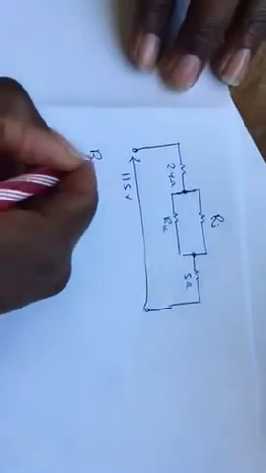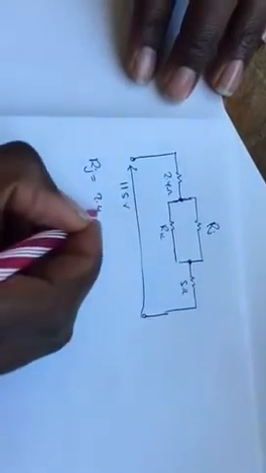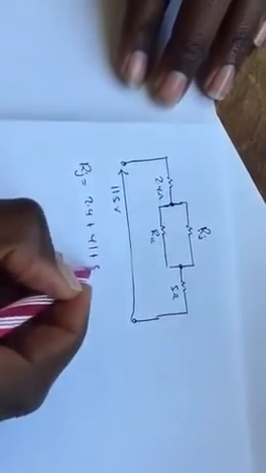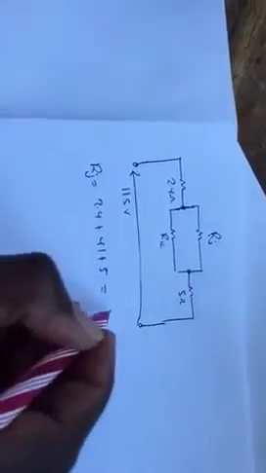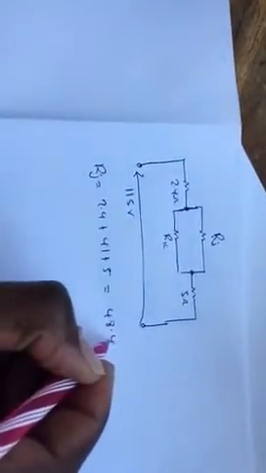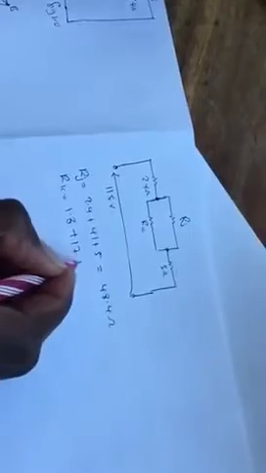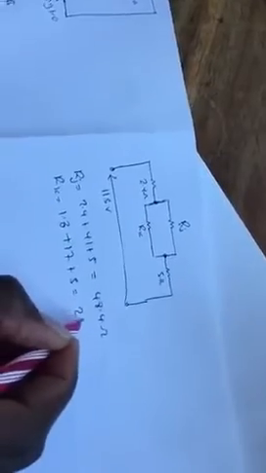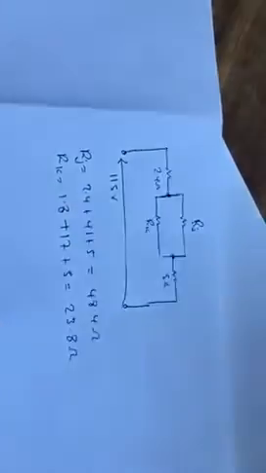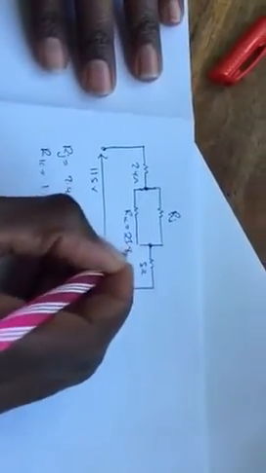RJ is simply adding these resistors: 2.4 plus 41 plus 5, which is 46 plus that, to be 48.4 ohms. RK will be 1.8 plus 17 plus 5, which is 23.8 ohms.